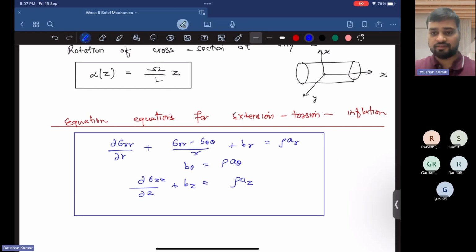This equilibrium equation is derived based on several assumptions, such as axial homogeneity and axisymmetry. With these two assumptions, we have obtained these three equilibrium equations for extension, torsion and inflation.